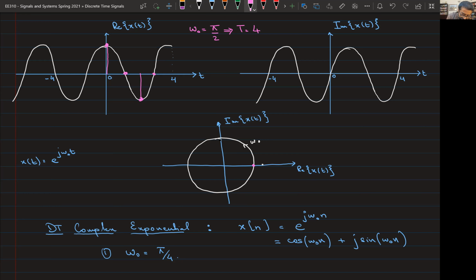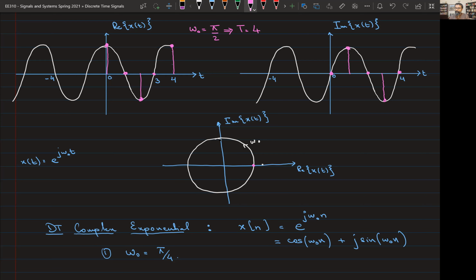So this is n equals 3, and this is at n equals 4. So it goes up, +1 and 0, -1, 0, and then goes back to +1. And what about the sine here? Sine is going to be 0 here, 1 here, and then 0 here, and then -1 here, and 0 again.